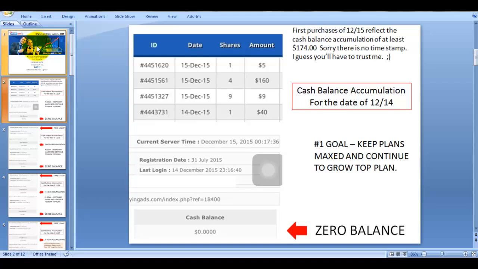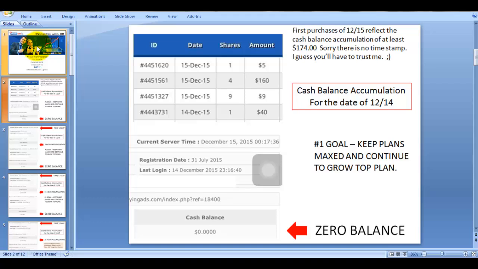So these are my purchases, and I made sure to include the December 14th there so that you could see that these three first purchases were the beginning of my next day, 12/15, and thusly, this money is money that has accumulated for the 14th.